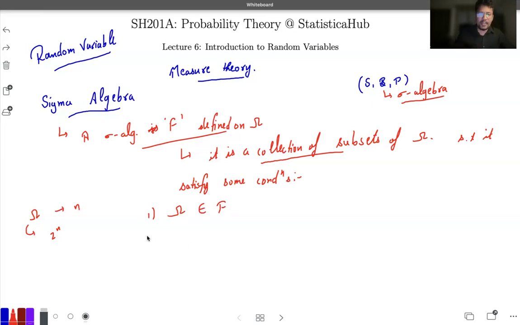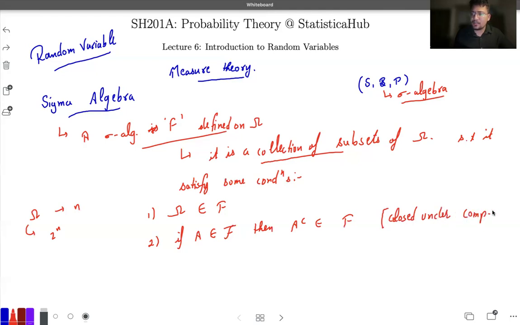Okay, moving ahead, the second property is that if there is some element A belonging to F, then the A complement must belong to F. Okay, that means you can simply say it is closed under complementation.